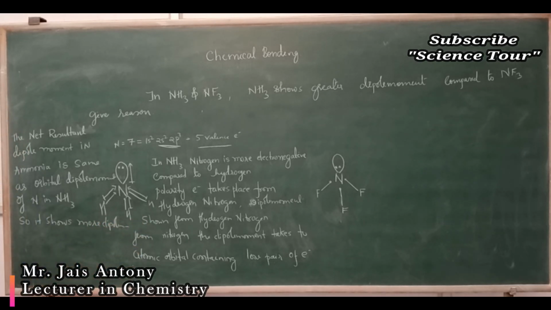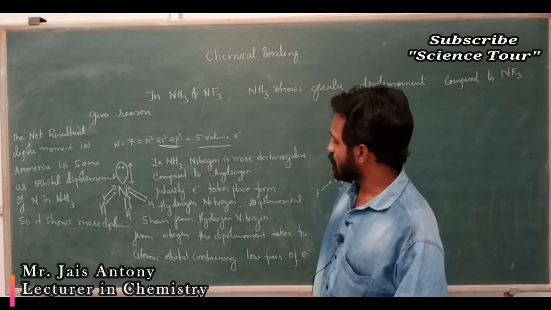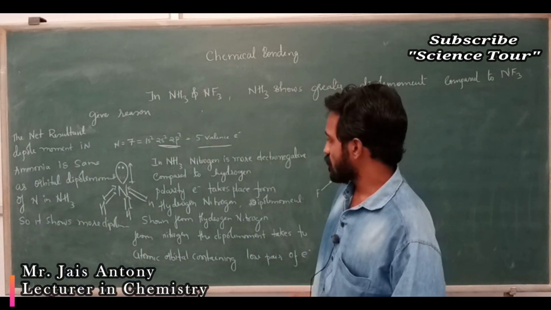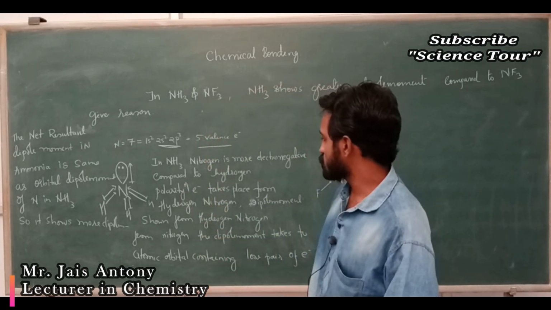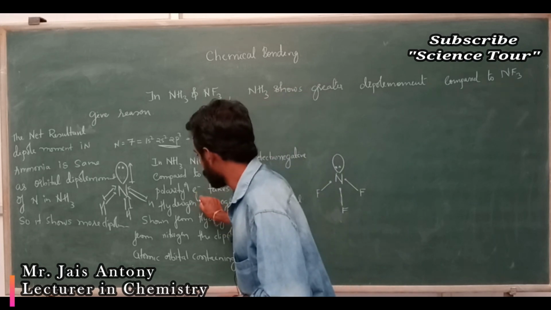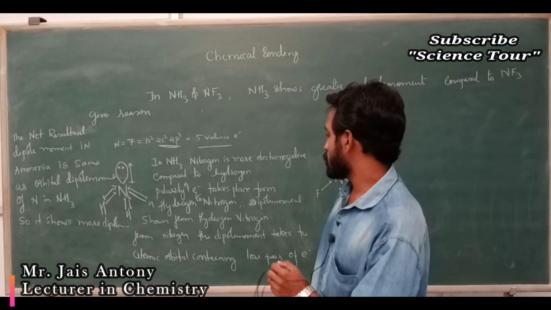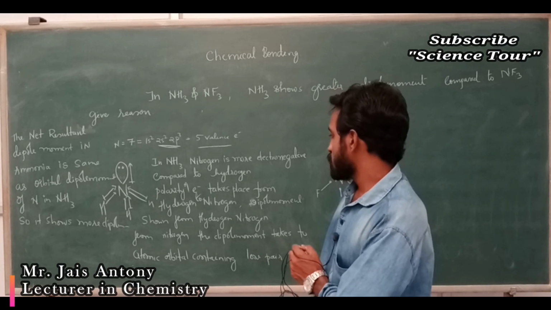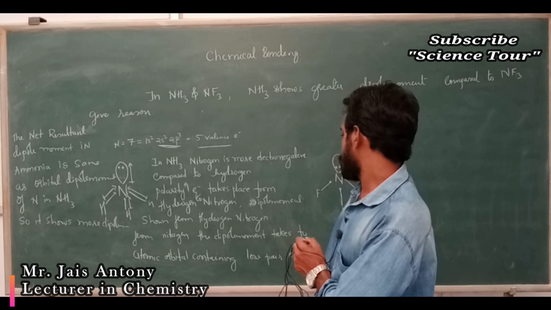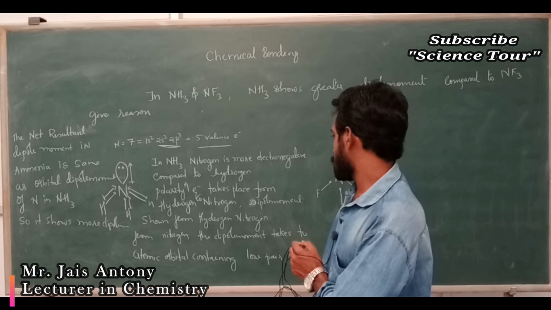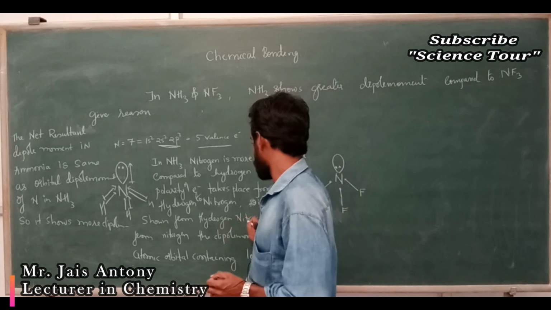My dear students, what I wrote: in ammonia nitrogen is more electronegative compared to hydrogen. Polarity of electrons takes place from hydrogen to nitrogen.